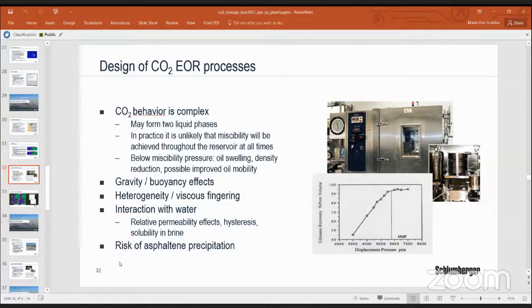In practice, it's unlikely that CO2 injection will always be miscible, but you can still achieve some enhanced oil recovery even when you're below miscibility pressure. And again, we need to understand the physics of the gravity and buoyancy effects, the impact of heterogeneity, interaction with water, and in the case of enhanced oil recovery, if there's a lot of oil in the reservoir, you may also have risks of asphaltene precipitation.